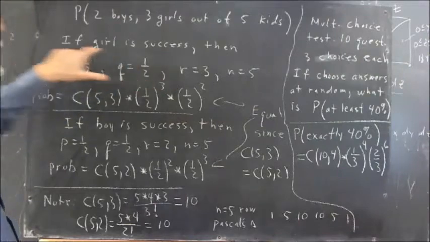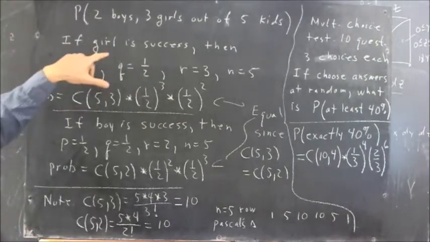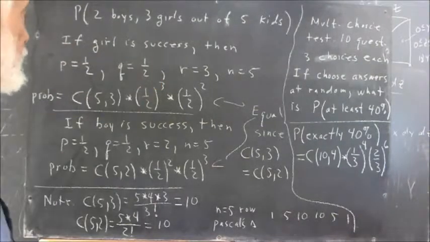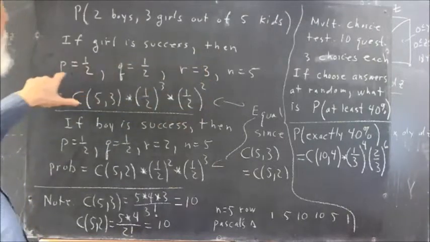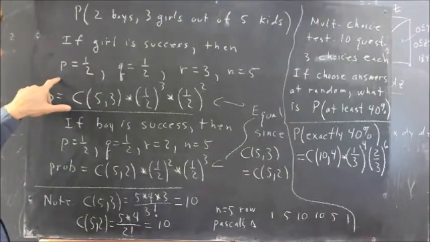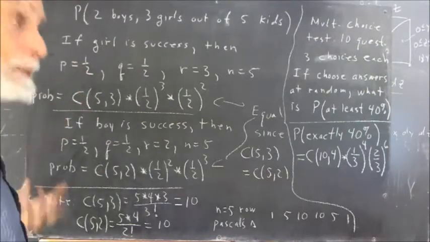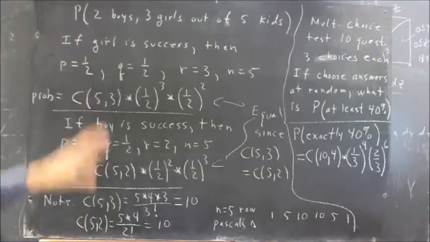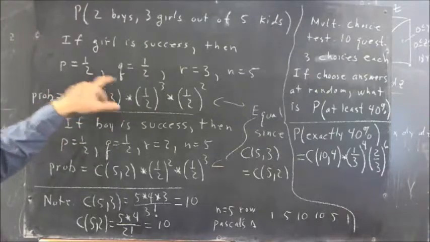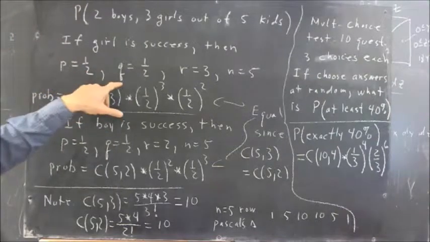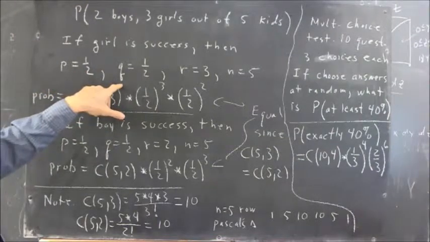Okay, first one, if a girl is a success, then what's P? P is the probability of a success. Well, probability of a girl is 1/2. Then a failure would be a boy. Okay, you don't want to take that too literally, but what's the probability of a failure? Q is the probability of a failure.